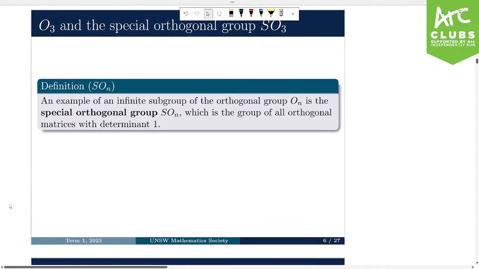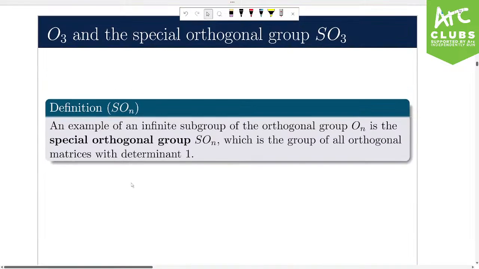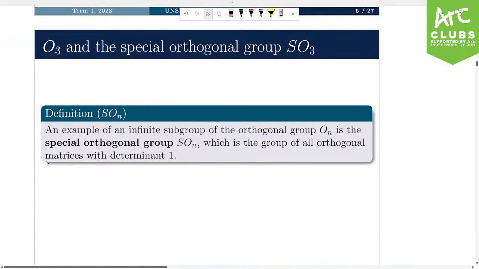Okay, now we look at another subgroup. This time it's a subgroup of ON. So this is the special orthogonal group SON, which is all orthogonal matrices but with determinant 1. So this is also the intersection between the special linear group and the group of orthogonal matrices.